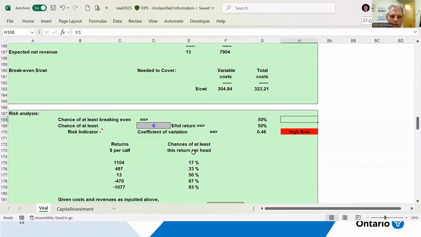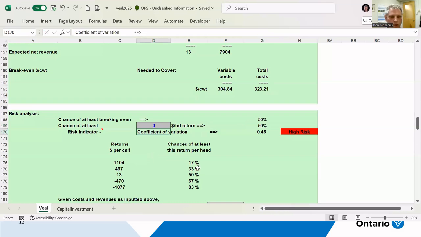So a risk assessment here gives you a bit of an idea, and there are some helpful calculators here. To break even, it's a 50% chance to break even. But if you said, what if I want to make $100 a calf? What's my probability of doing that? It'll calculate those. So you've got the 47%.